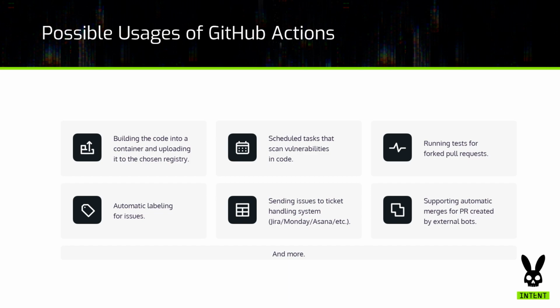Additional workflows you could do with GitHub Actions are creating schedules and vulnerability scanning for your code. You could create tests for a pull request. You could do some labeling to help the maintainers triage the issues in the project. And you could do whatever workflow you would choose.